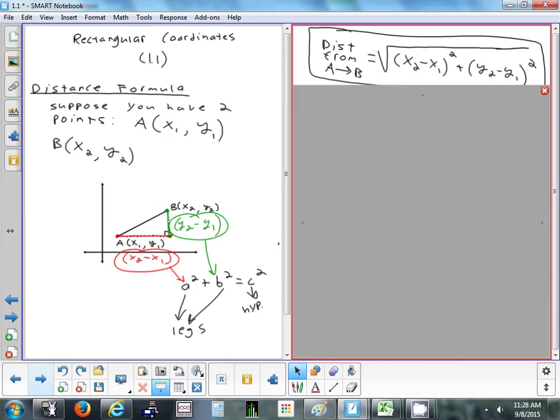So your distance formula is going to be x2 minus x1 squared plus y2 minus y1 squared. And now the only thing different here is I have this big square root over everything. Why did I do that?